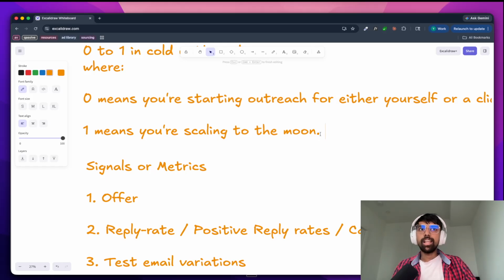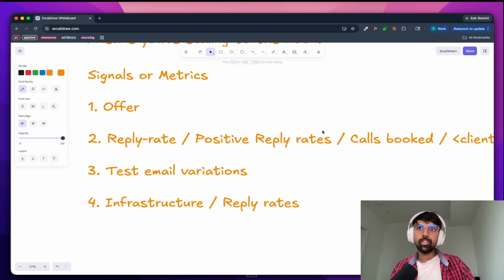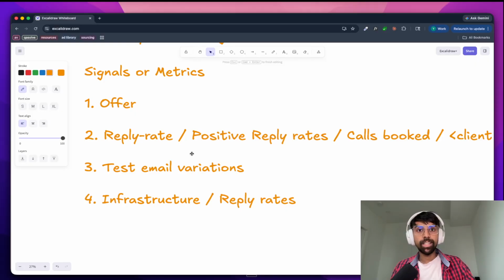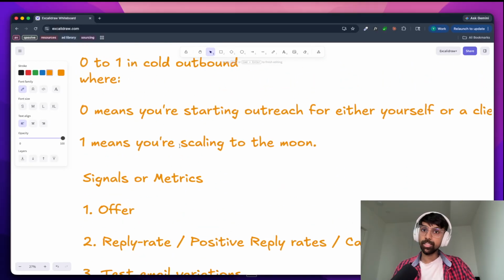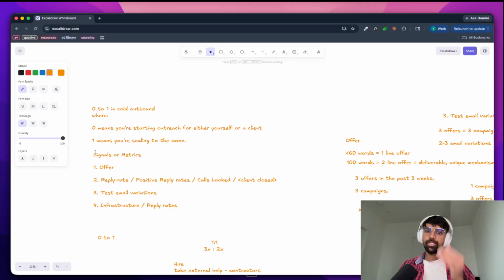Now it's time to scale, and you have everything ready that I've talked about, these four signals, these four metrics, these four action items. You've already done everything. Then it means that you are at stage one, which is you're ready to scale. So I hope all of this makes sense. I hope we spent the last 34 minutes by my clock understanding exactly how to scale cold outbound. I hope these points work.